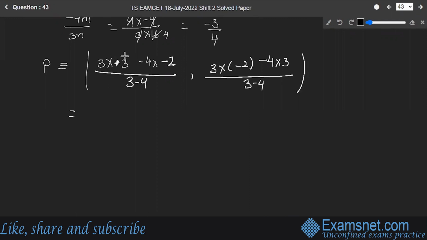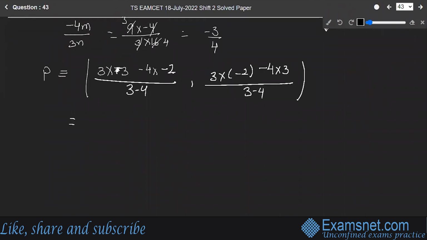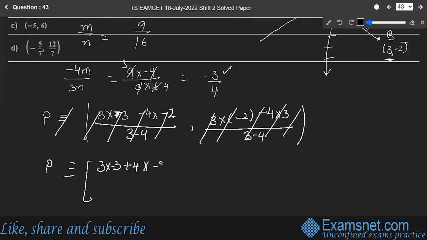Sorry, this is minus only. I'll redo this part. Now let's get back. Now the point P will be given by this coordinate 3 into 3, I'm taking 3 for this, plus 4 into minus 2, divided by 3 minus 4.